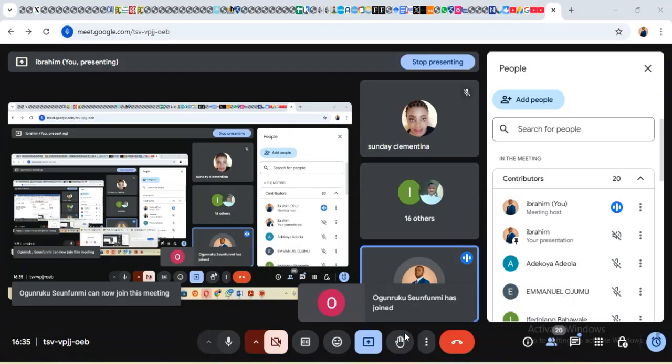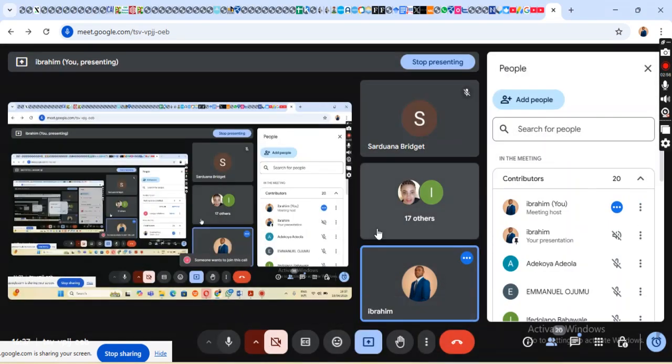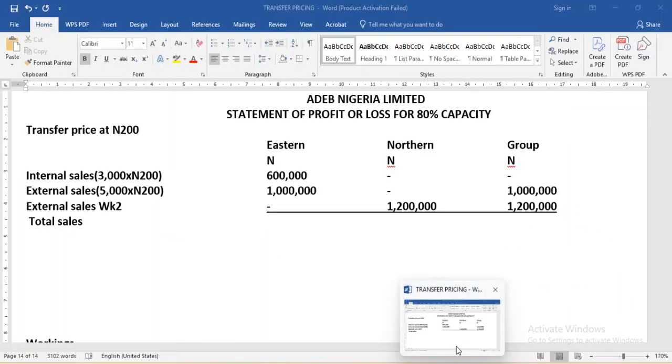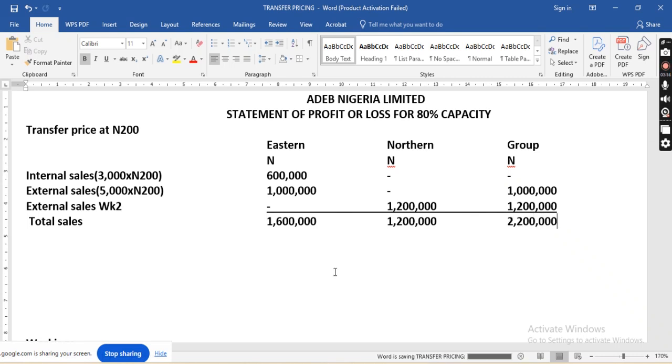The other one is 1.6. This is 1.6 million, right? This is 1.2. Then this is 2.2 million, right?